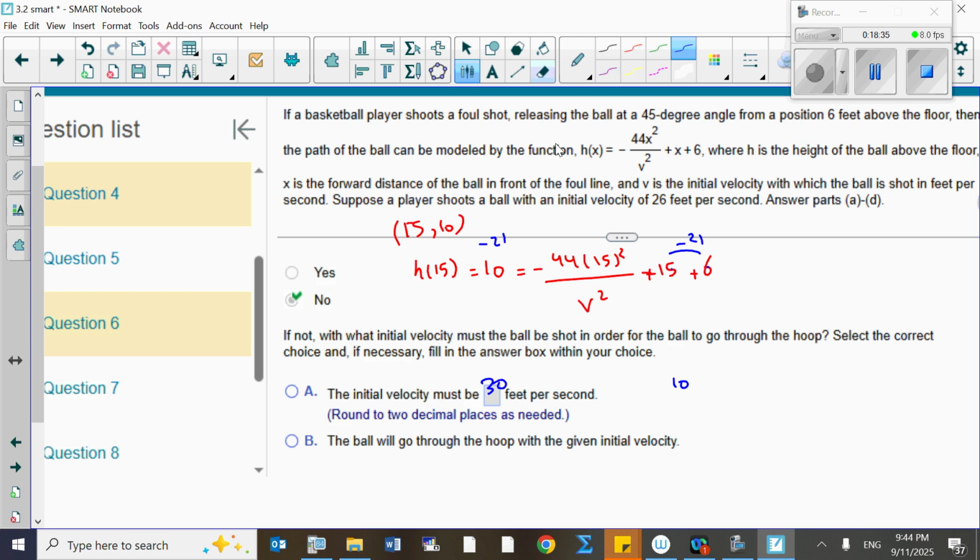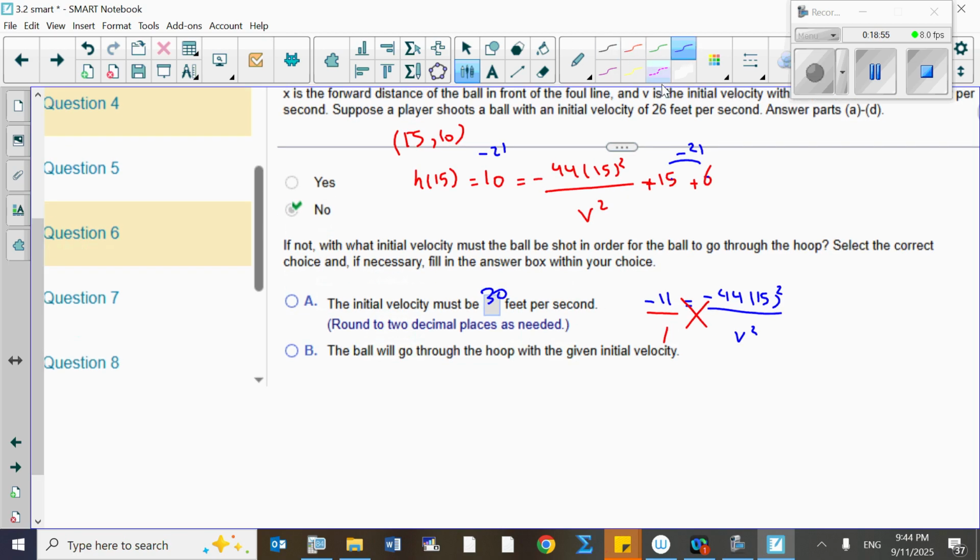So 10 minus 21 will be negative 11 on the left side, equal to negative 44 times 15 squared over v squared. Now, in order to solve, I'm going to put the denominator of 1 and cross multiply. So negative 11v squared is equal to negative 44 times 15 squared.